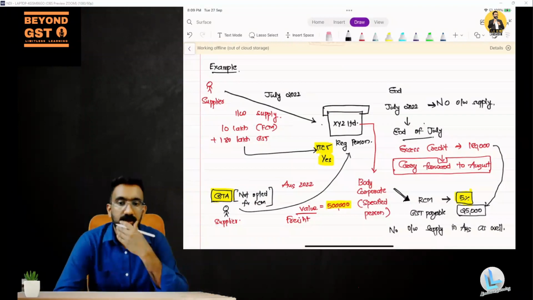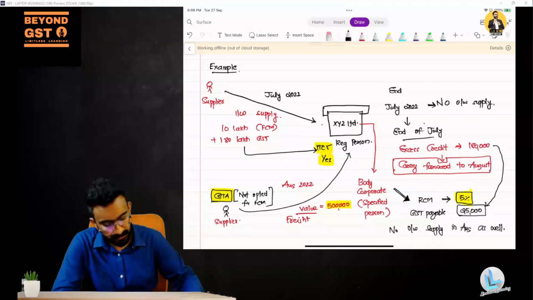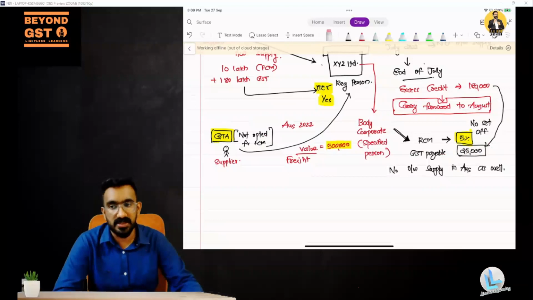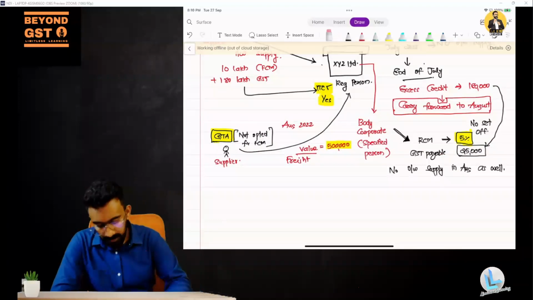Can I do the set off of 1,80,000 against this 25,000? The answer is no. Why? Because tax payable under RCM cannot be paid by utilizing ITC. That needs to be paid by cash only.